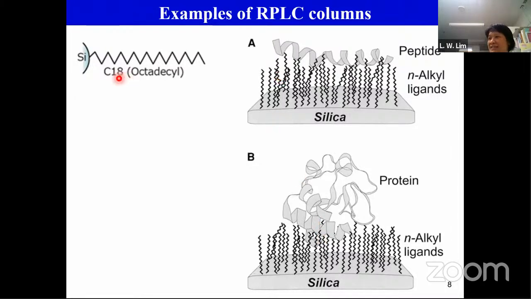Okay, this is C18. So the C18 chains will stand straight, and this will form another phase, and it will retain the two different things. Usually proteins and peptides are hydrophobic samples.